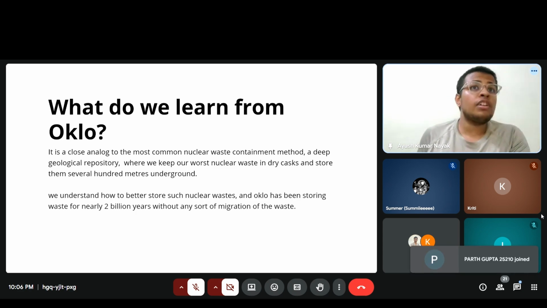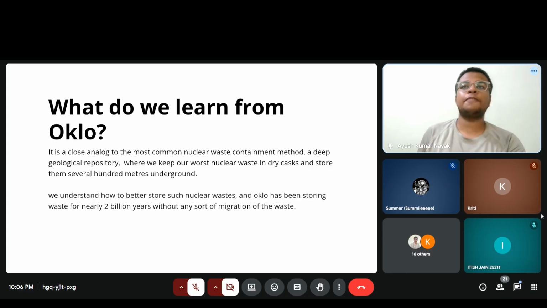Basically, an area in a big desert where there is no groundwater, no risk of contamination. We go roughly several hundred meters deep, and then we dispose of our nuclear waste there. Actually, we keep them in dry casks. If you're interested, you can look it up on the internet.